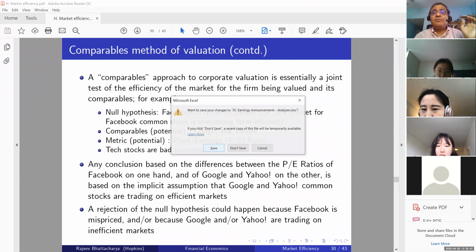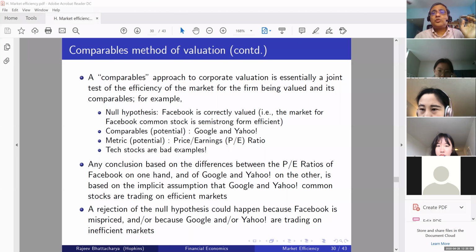Let's look at some results. So I'm going to open Excel file number 36, which is price earnings ratios.